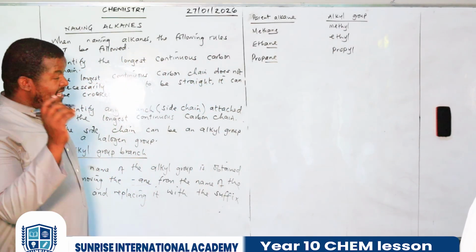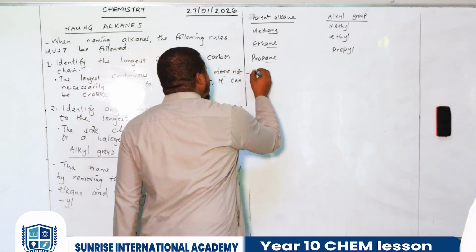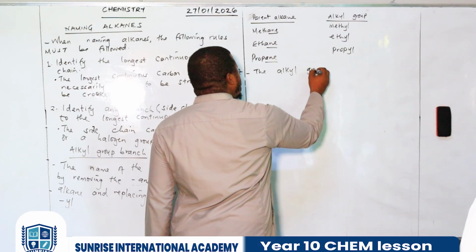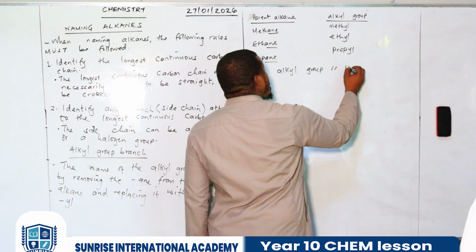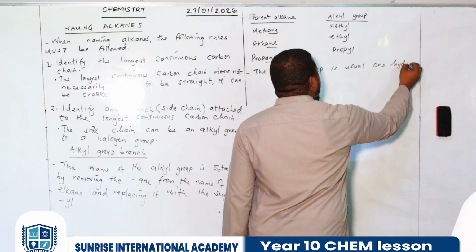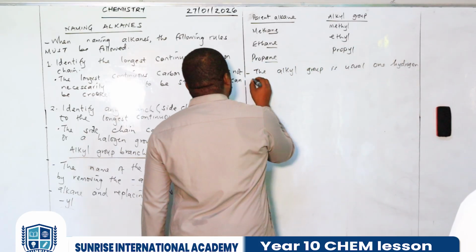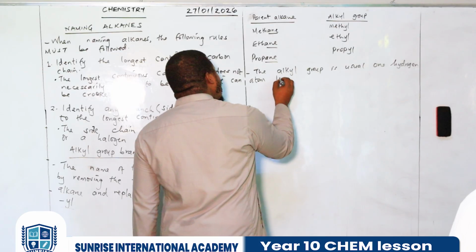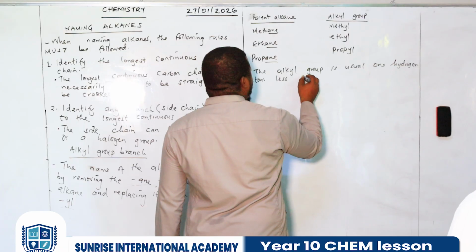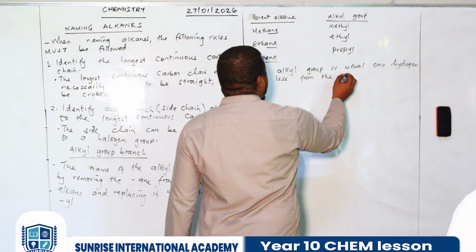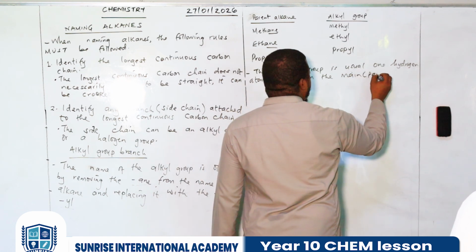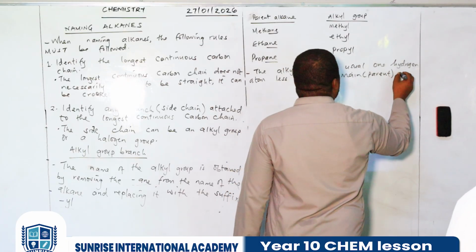Now, there's one other thing we need to talk about. The alkyl group is usually one hydrogen atom less from the main or the parent alkane.